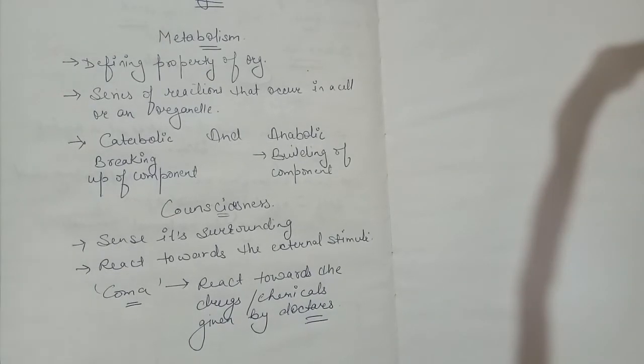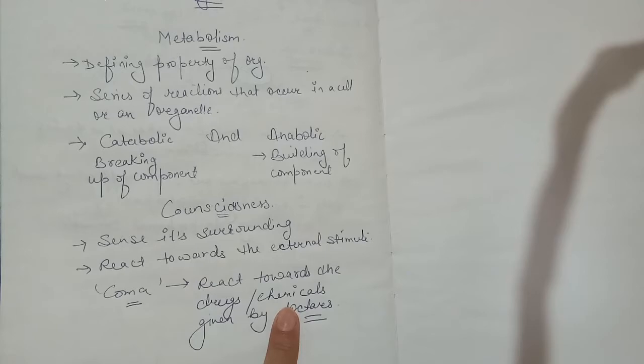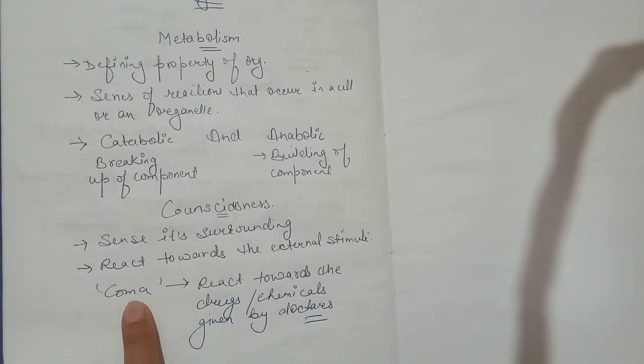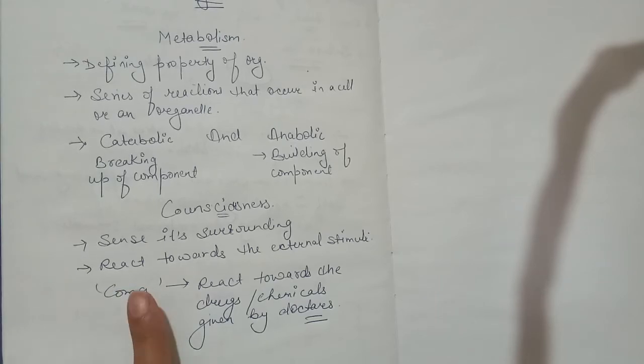The person is not able to move its body, but the internal reactions that occur in a person go on. So the body of that patient reacts towards the drugs or chemicals given externally by the doctors. That is why the person who is brain dead or who is in coma is said to be aware and is said to be living.